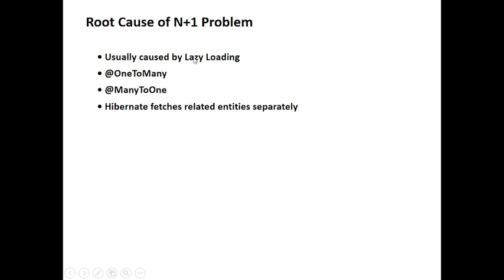At that time, when we load the orders, we are not loading the customers. We are doing lazy loading, so only orders are fetched. Whenever we need the customer of a particular order, at that time it loads the customer entities separately.